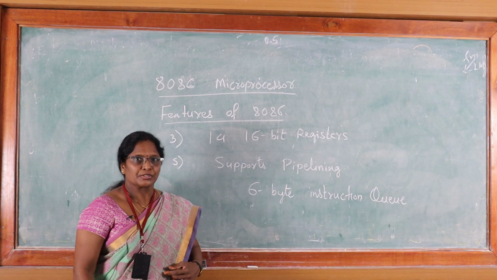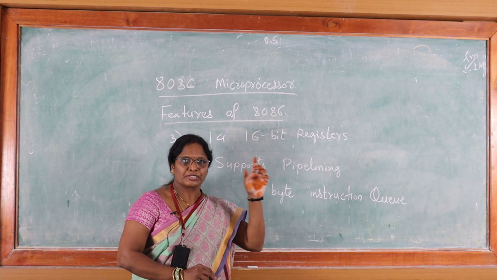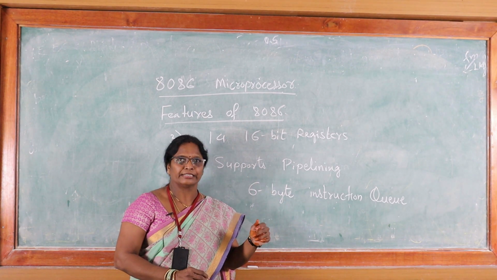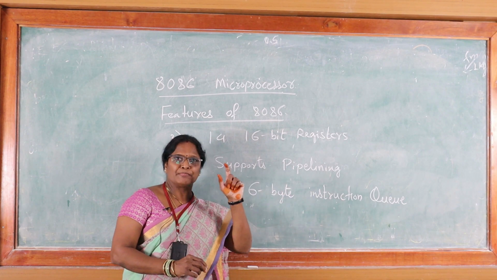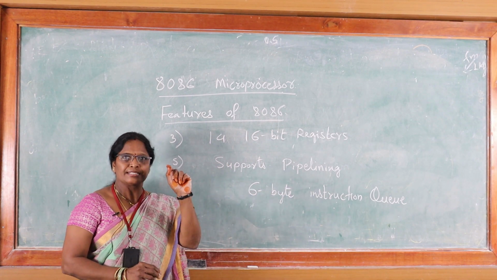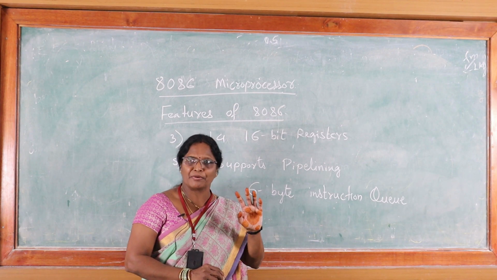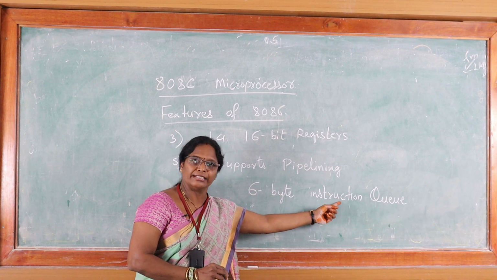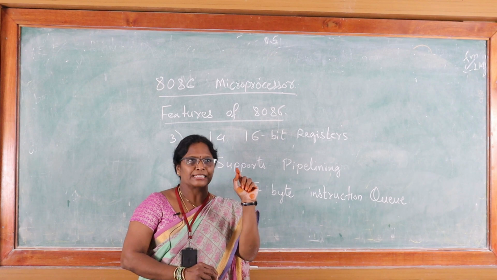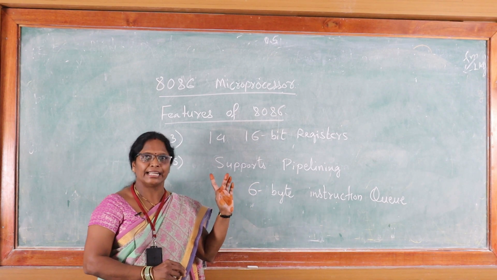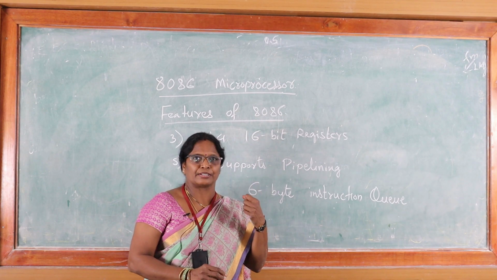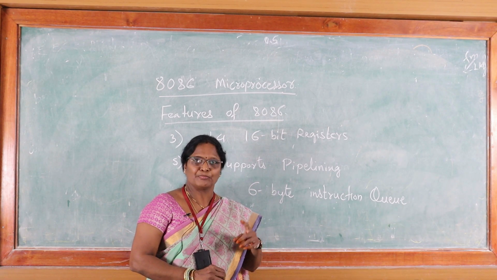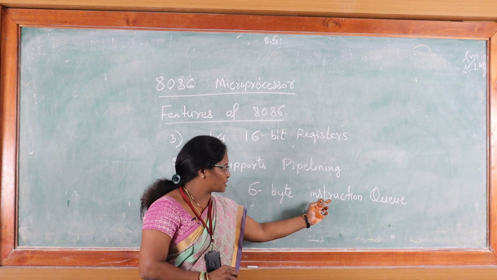This instruction queue is used to fetch the instructions in advance, and they are stored in a queue. So maximum 6 instructions. If each instruction size is 1 byte, then maximum we can store 6 instructions in the instruction queue. The maximum size of an instruction in 8086 is 6 bytes. So if one instruction is fetched whose size is 6 bytes, then minimum one instruction can be stored in the instruction queue.